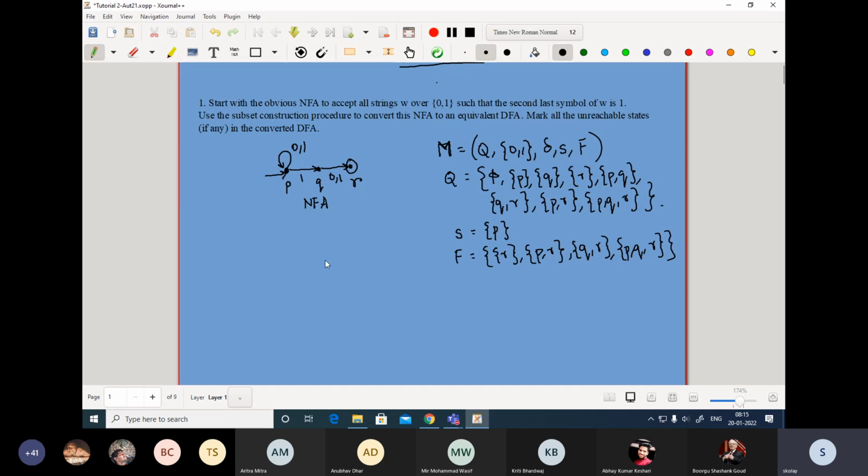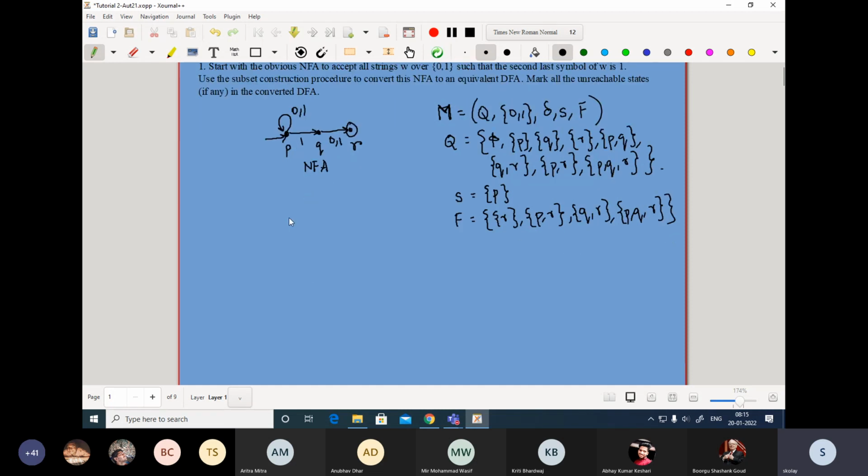Now for the delta function, I'll just put in these states. Let me just write it as phi, P, Q, R and then... okay, so please tell me the edges for 0 and 1.